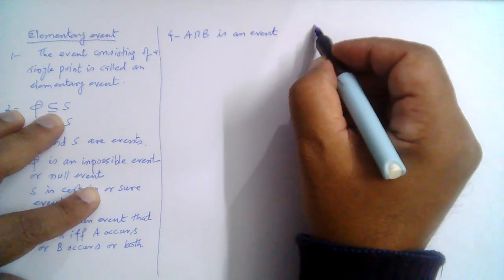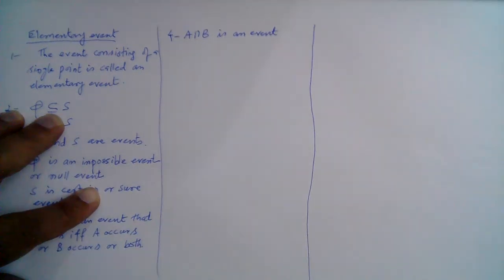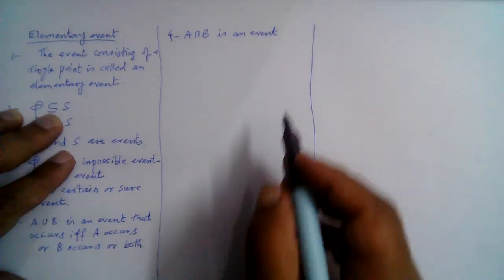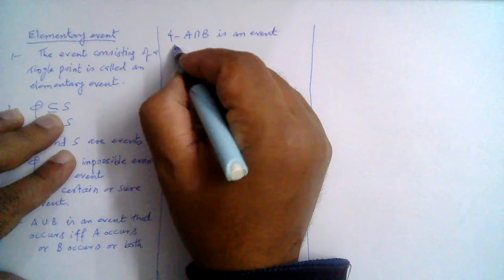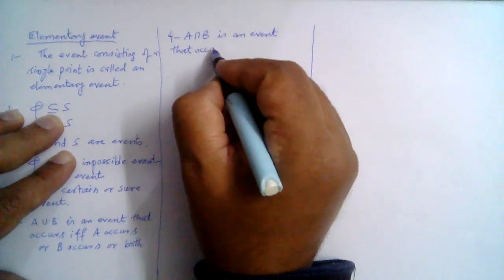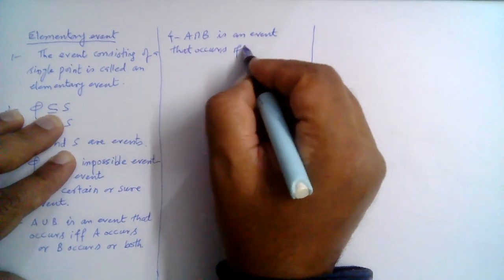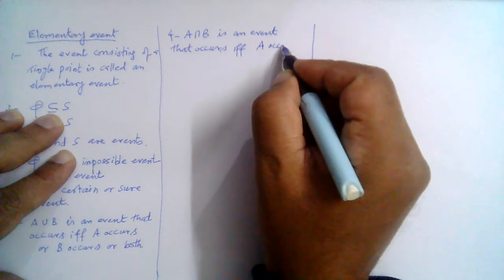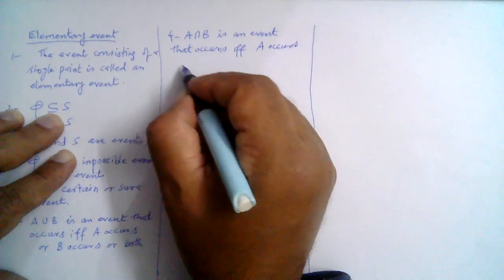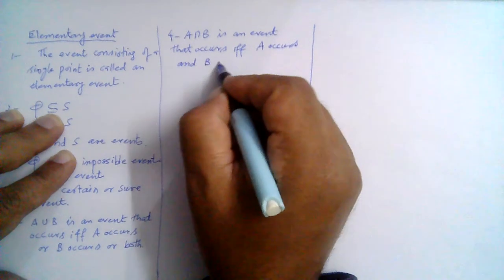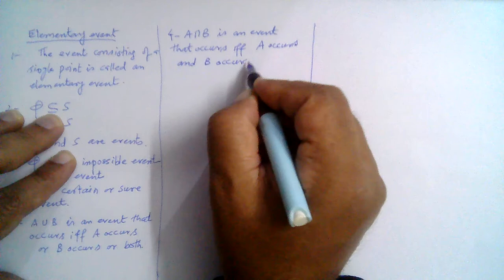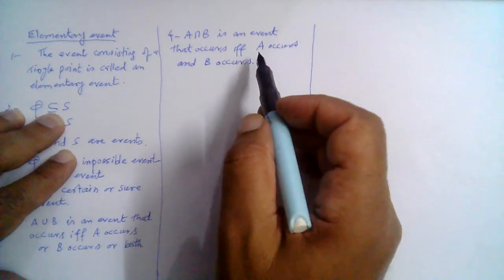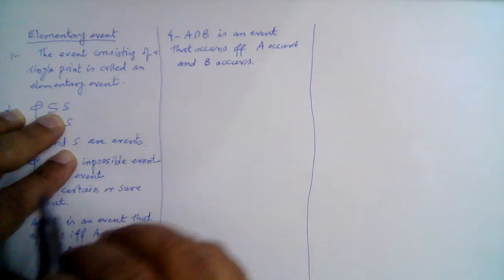The intersection of events is an event that occurs if and only if A occurs and B occurs, right? So A intersection B is an event when both A and B occur.